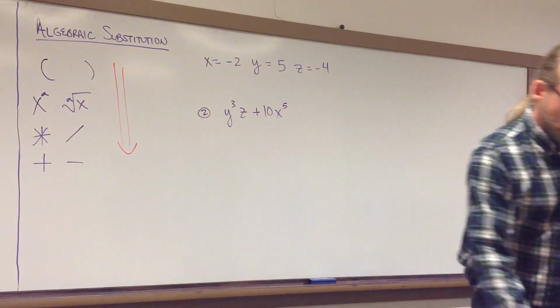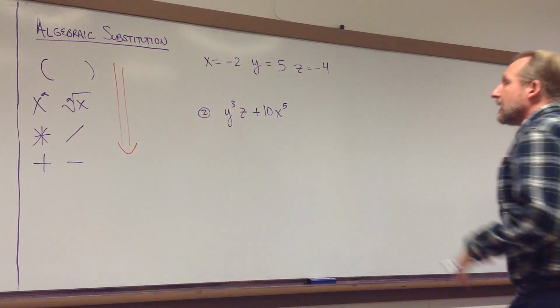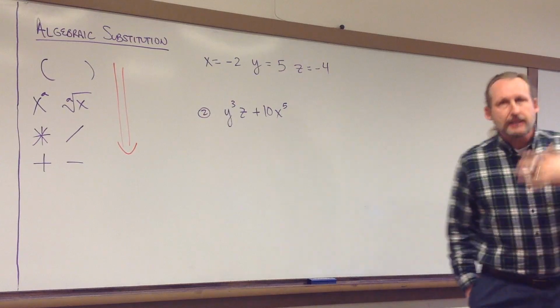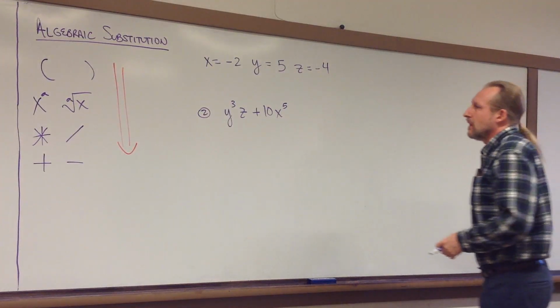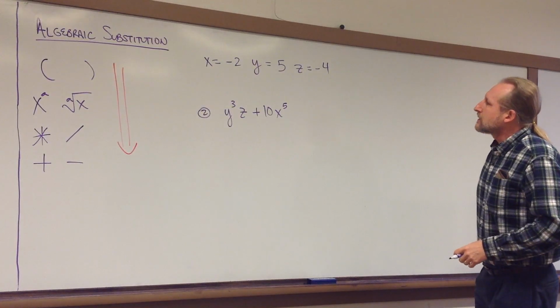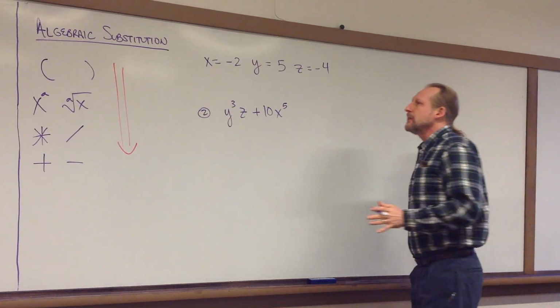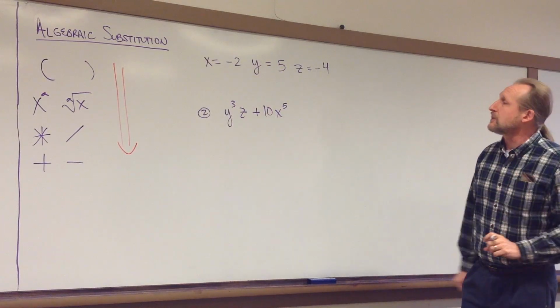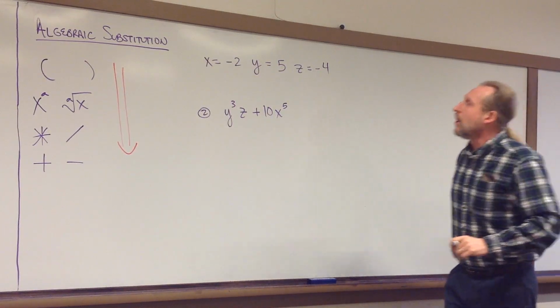I would recommend, number one, have a calculator that you're comfortable with and get used to using it. Next, the way that I approach these is I plug the numbers in and then I calculate them in pieces rather than calculating everything all together.